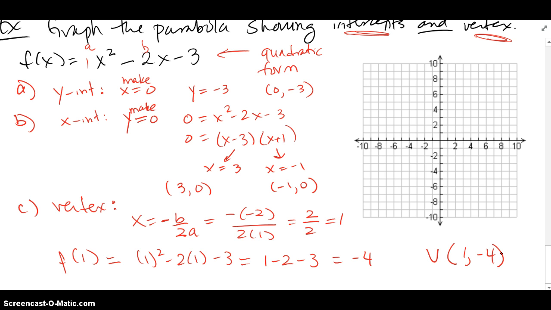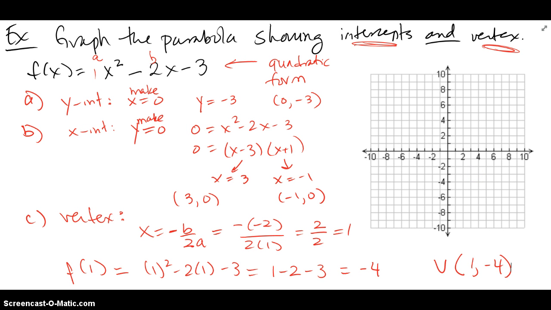Now this should be sufficient info for me to get a pretty good graph. I have the y-intercept to be negative 3. There's my y-intercept. I have the two x-intercepts to be (3, 0) and (-1, 0). I have the vertex to be 1 and down 4, (1, -4).